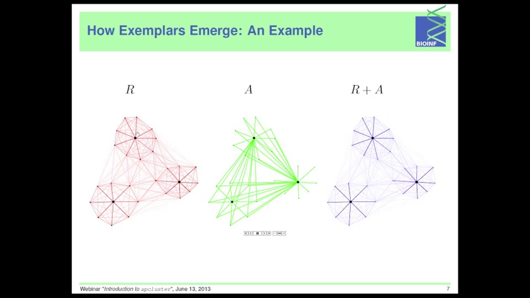This is correspondingly the availability matrix, and if you sum both together, then you get something like a unified view of which samples choose which exemplar. And you see how, going over time, after a couple of iterations, this nice cluster structure emerges.